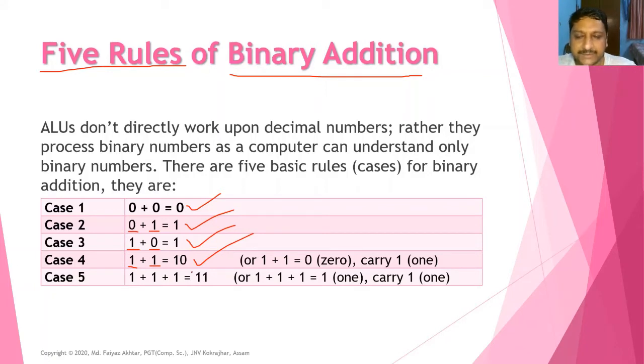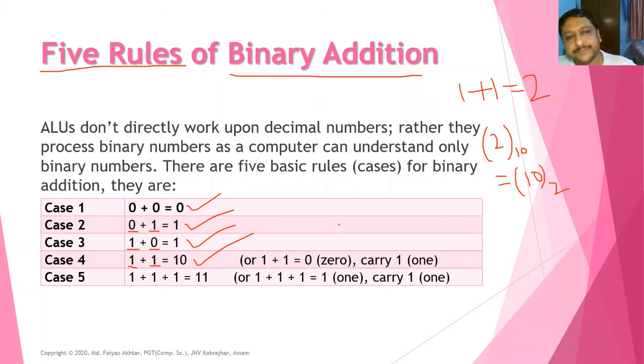In decimal 1 plus 1 equals 2, but in binary it is 10, because if we convert 2 in binary, it will become 10. You can convert it. So 1 plus 1 is equal to 10. We have to remember this.